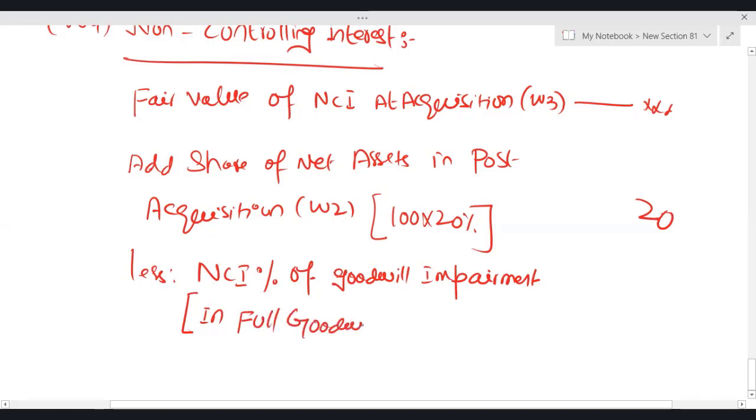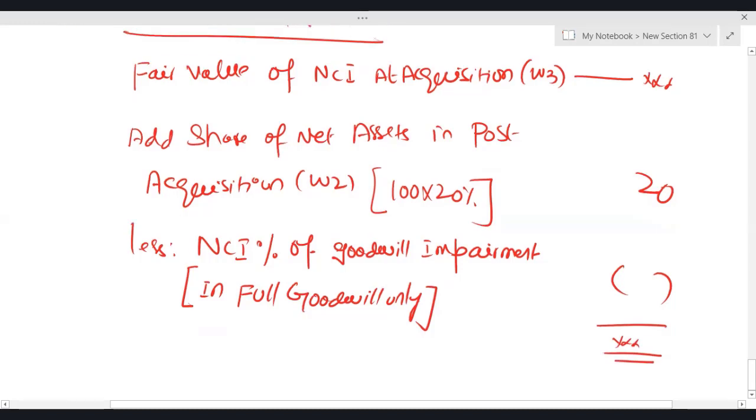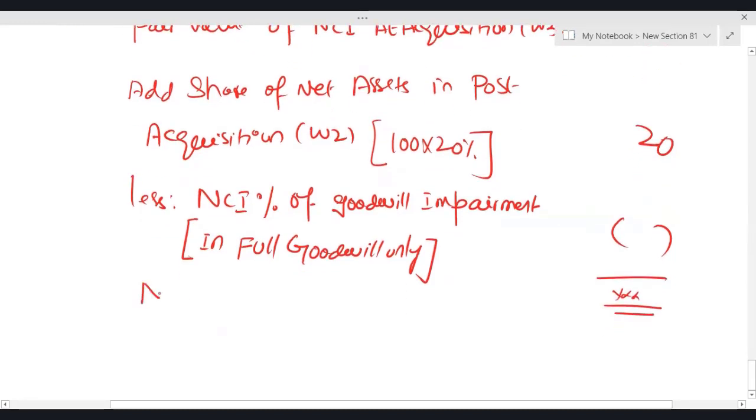In full goodwill only. Obviously, if it's a partial goodwill method, then the entire goodwill belongs to the parent. The final answer will be NCI. Whatever value this NCI comes to, it will be shown in the SOFP. So NCI goes to the consolidated SOFP. Okay.